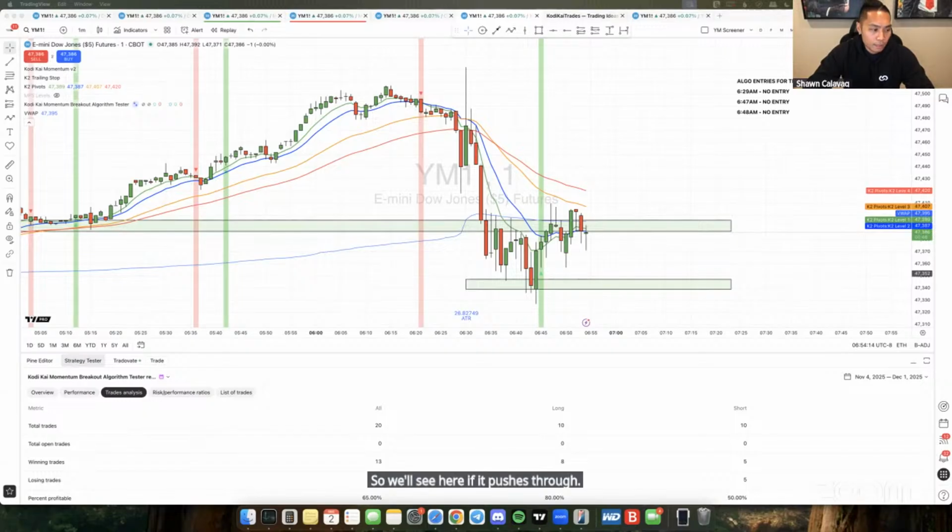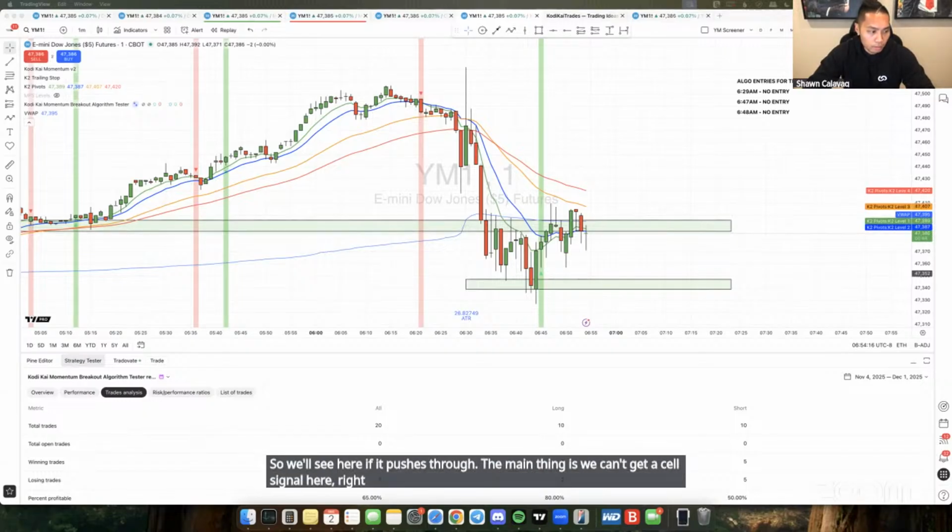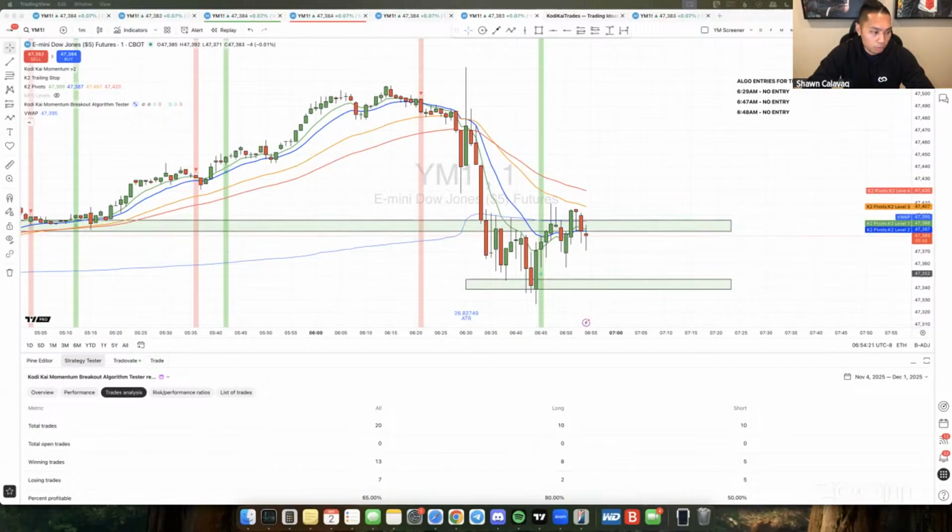The main thing is we can't get a sell signal here, right? It's the main thing. No sell signal or it's going to throw off the entry. So let's see, I'll be watching it here.